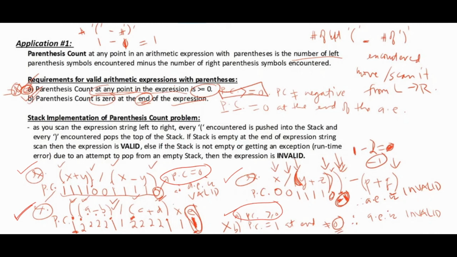And there is only, of course, one case for a valid expression, and that is when the left and right parentheses are balanced, meaning the number of left parentheses symbols is equal to the number of right parentheses symbols.